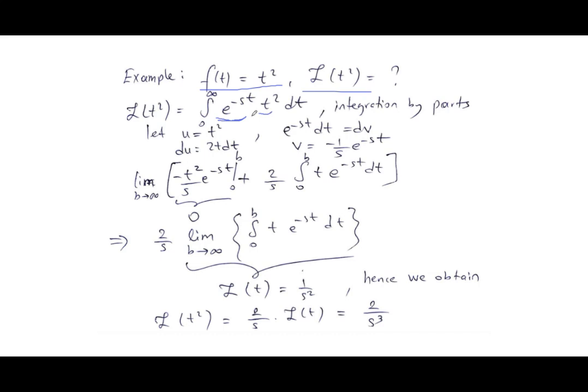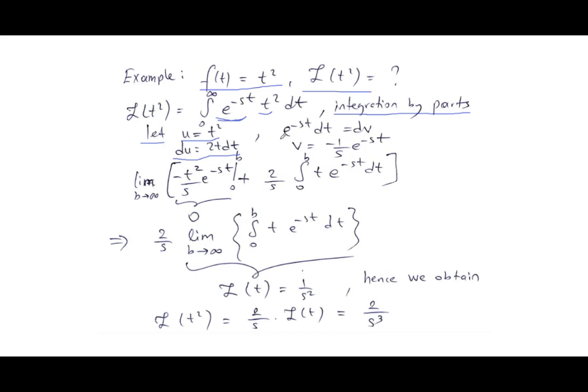And again, in this type of expressions where you have an exponential times a polynomial expression, we can always apply the integration by parts from calculus. And in order to apply the integration by parts, first we need to define a new variable. We let u equal t squared, and then this means du equals 2t times dt.